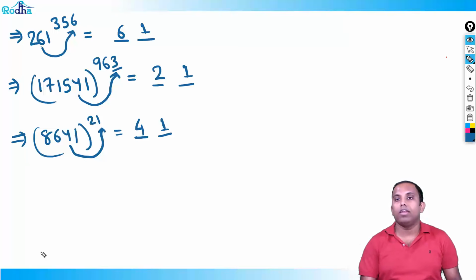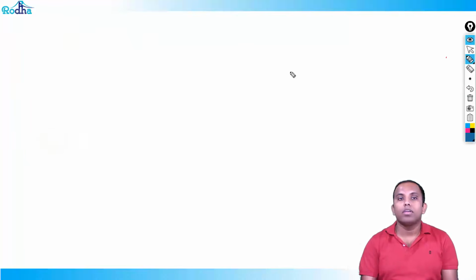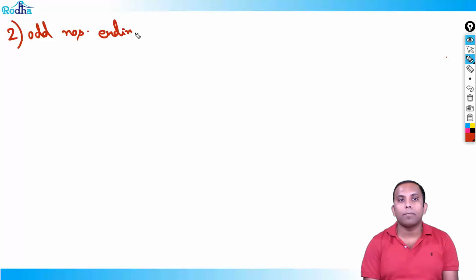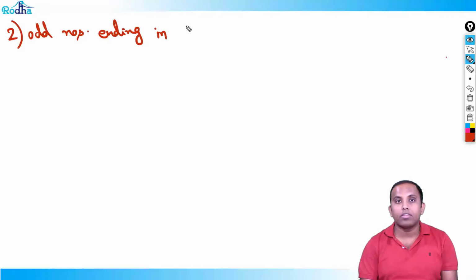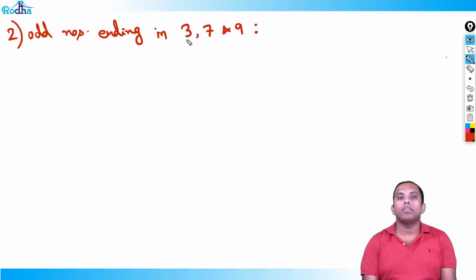Now for the other odd numbers, the second case: odd numbers ending in 3, 7 and 9. 5 we'll discuss later, in the third case.